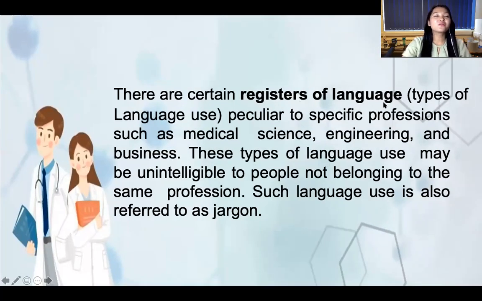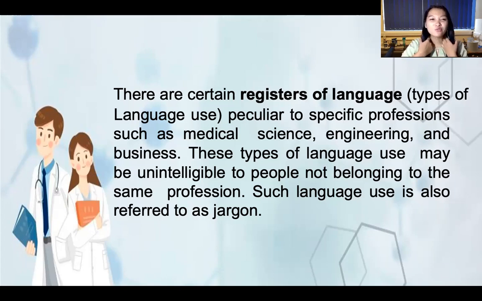Then there are certain registers of language, or the types of language used, that are peculiar to specific professions. For example, medical science, engineering, and business. And these types of language used may be unintelligible to people who do not belong to the same profession. Such language use is also referred to as jargon.